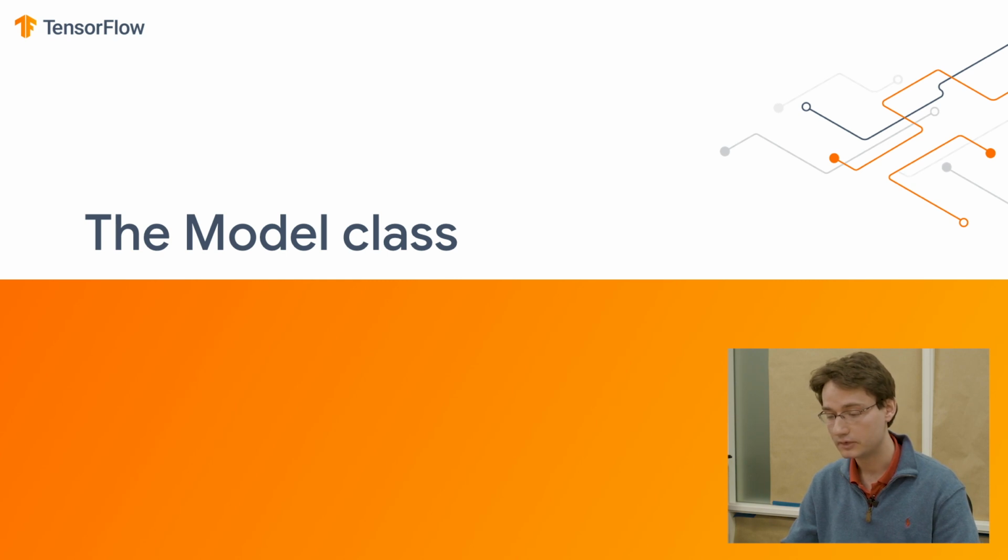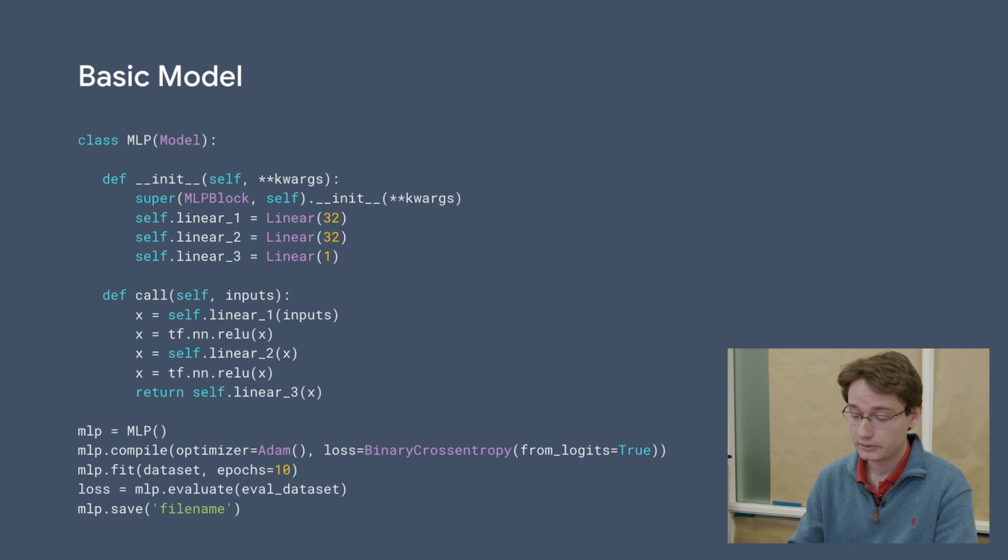So now let's move on to the model class. So you saw in one of the previous examples that layers can be nested. If you just switch in this example from having the MLP class inherit from the model class instead of the layer class, then essentially nothing changes, except that now you have access to a training and evaluation and inference and saving API.